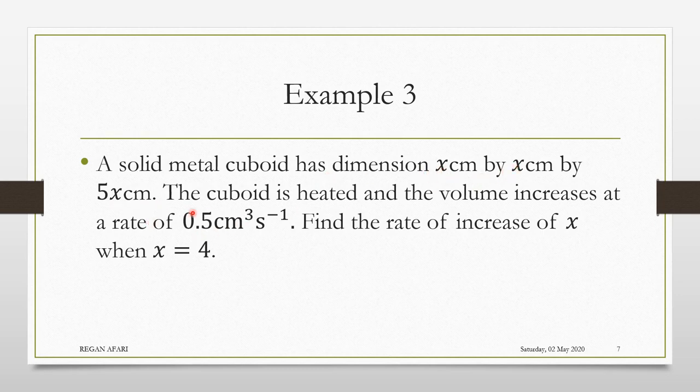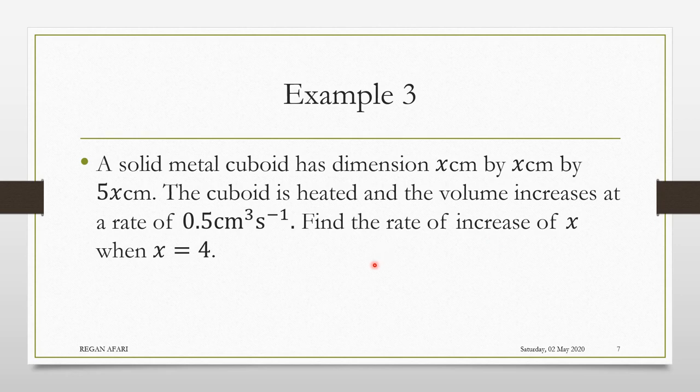Right, then we are told that this cuboid is heated and then the volume expands at a rate of this. So if the volume is increasing at this rate with respect to time, that's where the seconds is coming from, it means this is dV/dt, okay, dV/dt. Then we are supposed to find the rate of increase of x. So that is dx/dt.